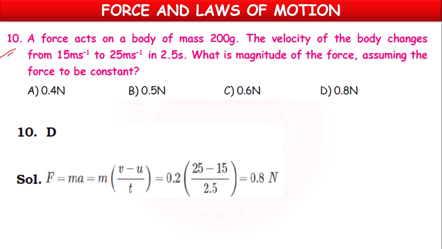Here the question is, a force acts on a body of mass 200 grams. The velocity of the body changes from 15 meter per second to 25 meter per second in 2.5 seconds.